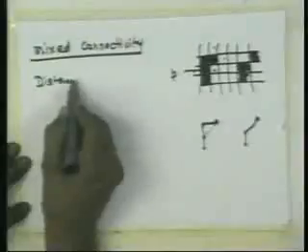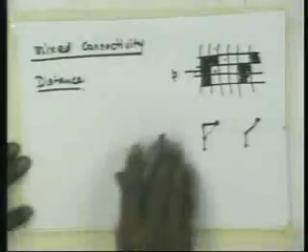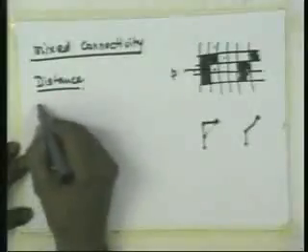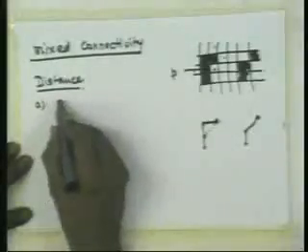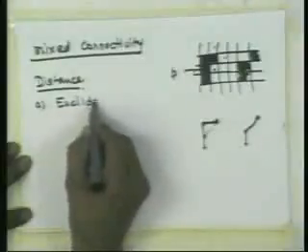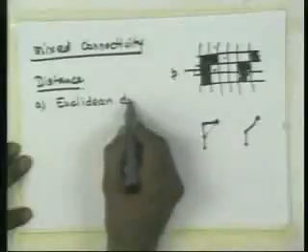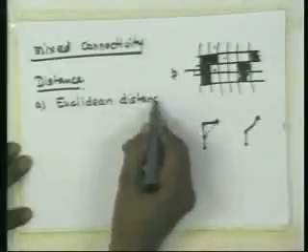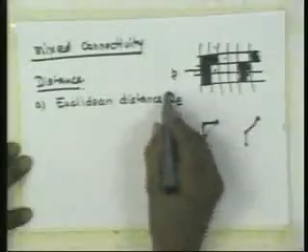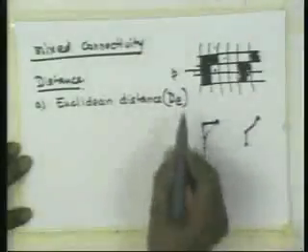Okay, then the next basic concept I want to deal with is the concept of distance. Now, distances we are familiar with. What we are familiar with is the Euclidean distance. Let's denote this by dE, distance Euclidean.